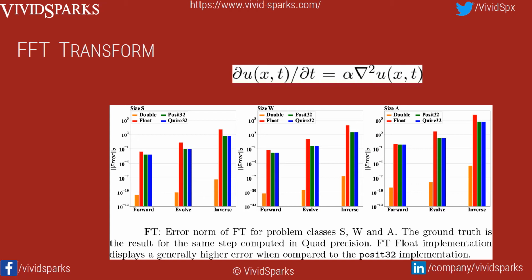In the forward FFT, the error computed is 5.85 times 10 raised to minus 2 in float, POSIT 32 is 1.60 times 10 raised to minus 2, and quire 32 is 1.59 times 10 raised to minus 2.